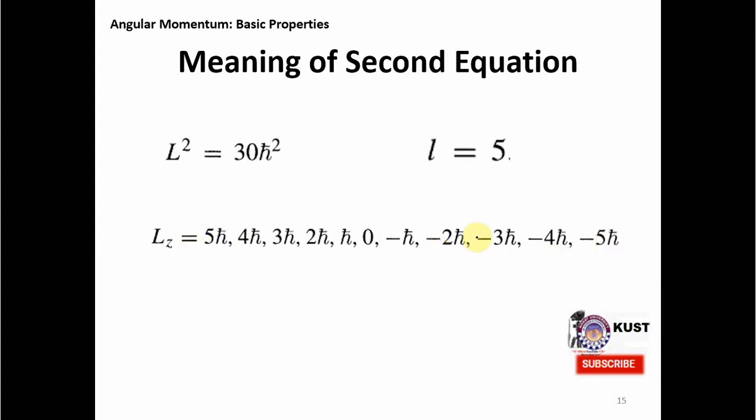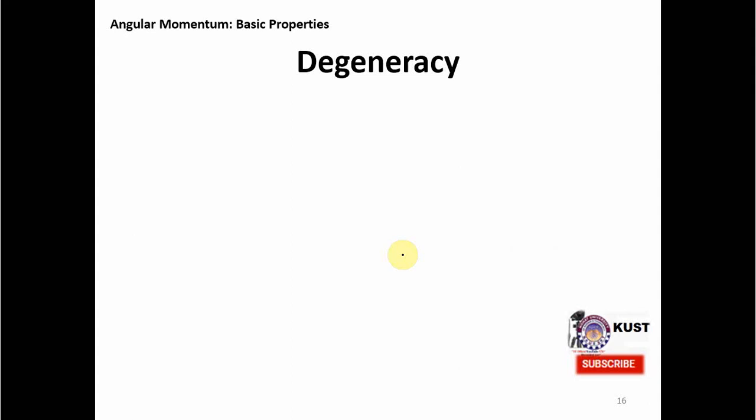In other words, these are degenerate, because for just one angular momentum value, L equal to 5, we could have the particle, that is the electron, in any one of these states. So we say that there is a degeneracy in our system, and actually it is 2L plus 1 fold degenerate.